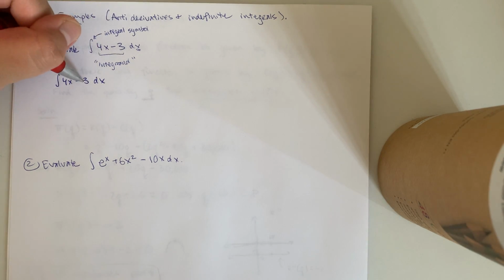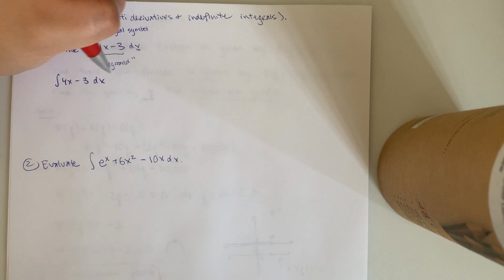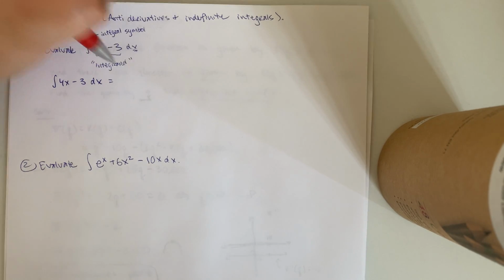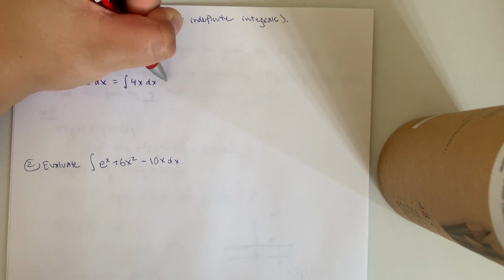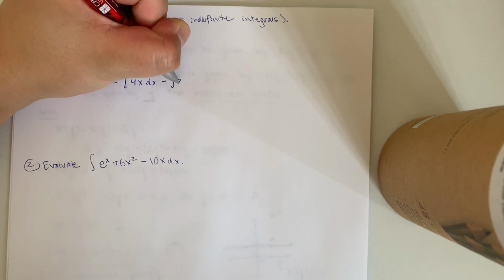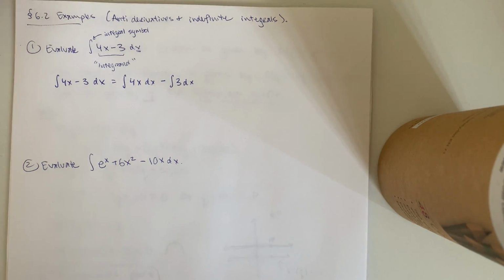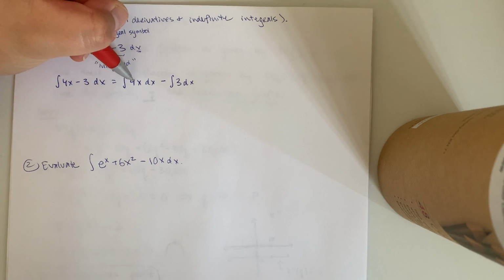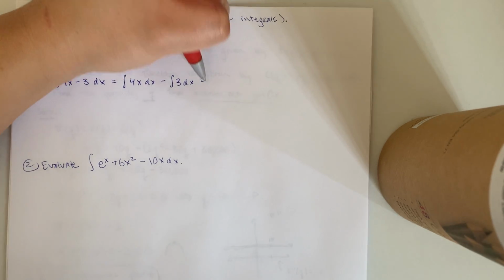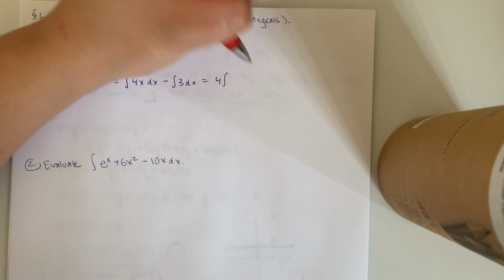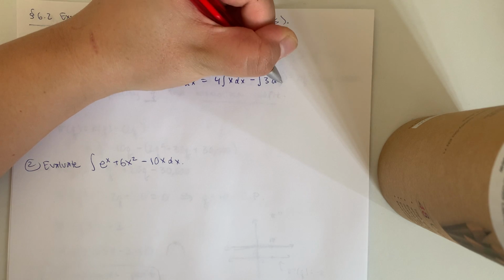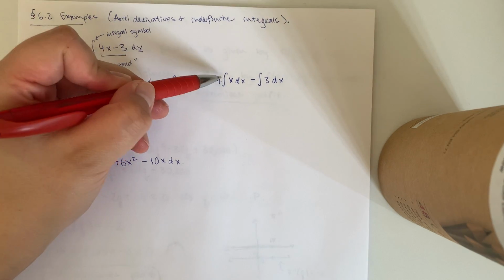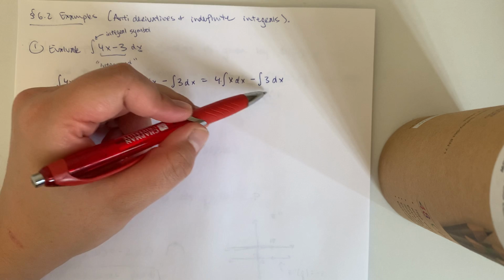So the integral of 4x minus 3 dx, one of the properties we have is that whenever you have addition or subtraction, you can break it up into two integrals. Another property that we have is whenever you're multiplying by a constant, like this 4, you can take it out of the integral. So only the first one is being multiplied by 4, and I'll leave the 3 here. So it's just 4 times the integral of x minus the integral of 3.